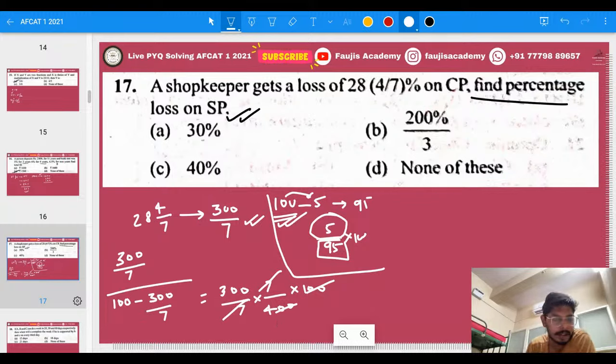Did we do some calculation error? 28 and 4 by 7 is how much? 210, 210 minus 14. Okay, over here the mistake is that we were supposed to write 200.